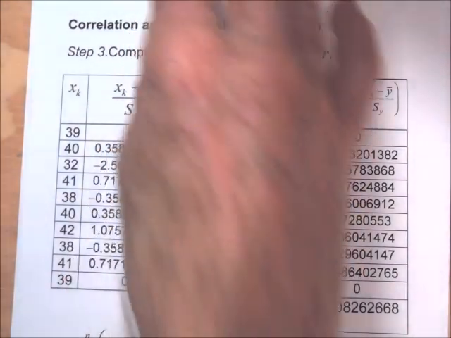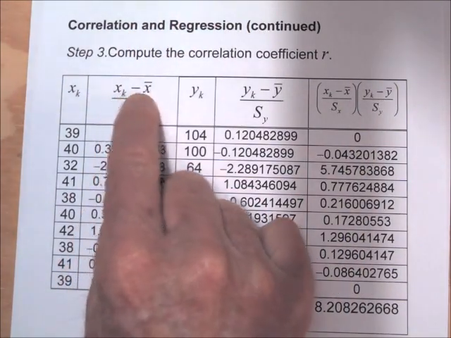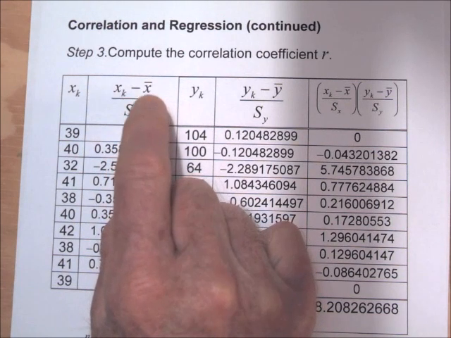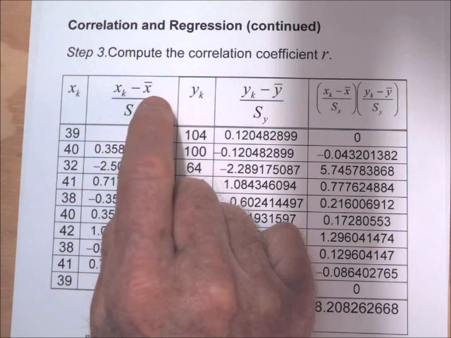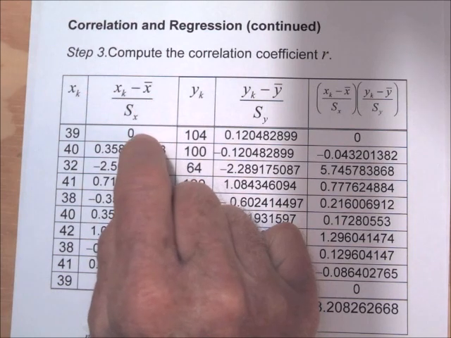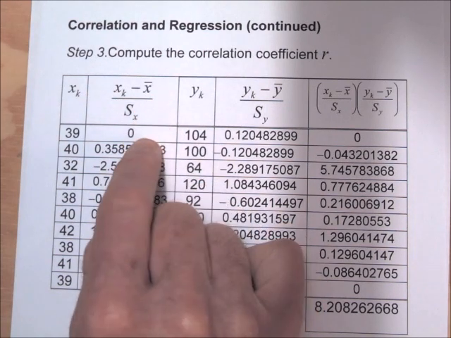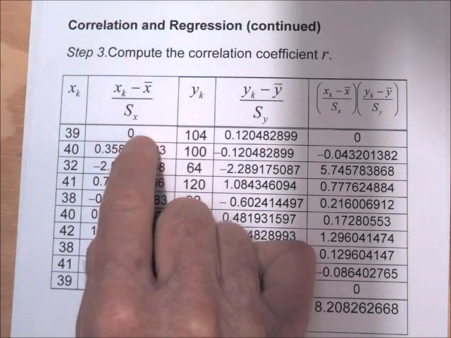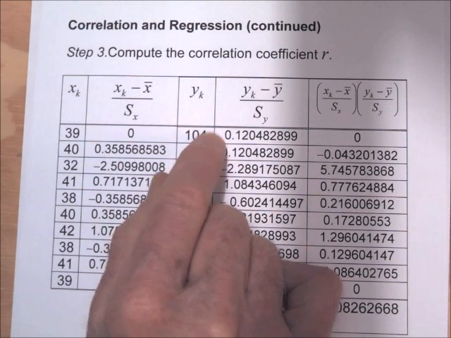So for Quincy, it's going to be 39 minus 39, divided by the standard deviation, which was 2.78 something, and that gives a z-score of 0. That's Quincy's gestation z-score.